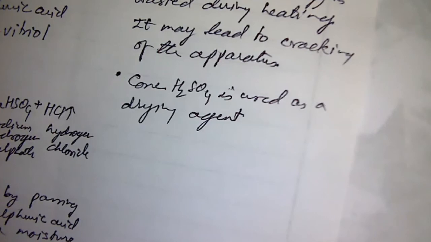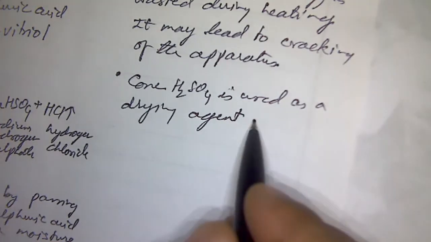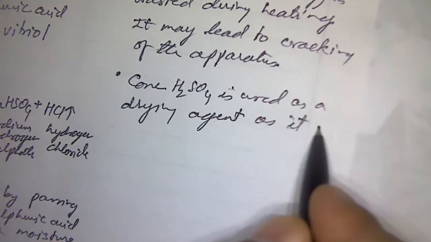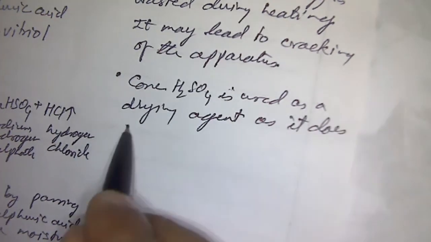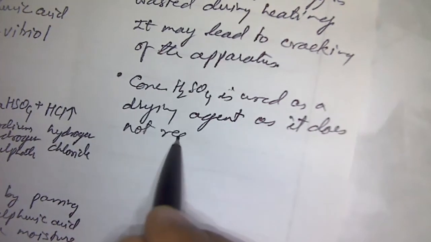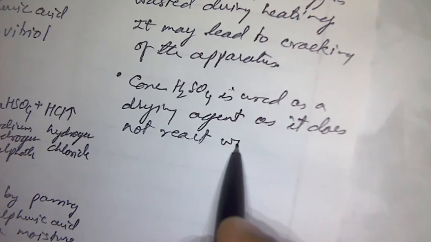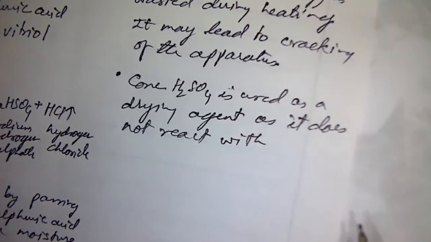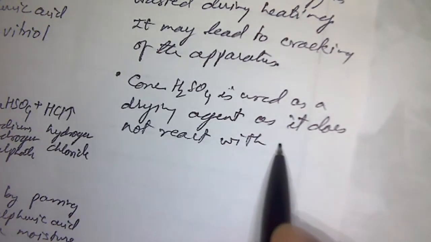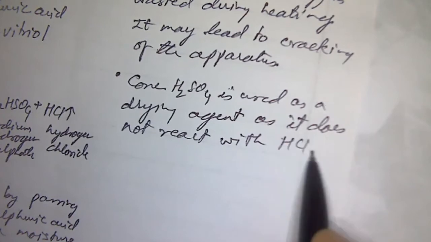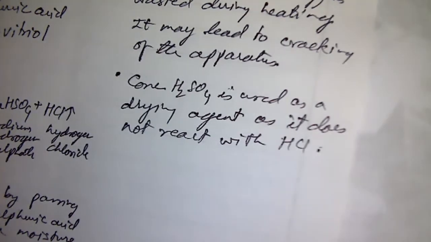We don't use other things. Clear? Concentrated sulfuric acid is used as the drying agent as it does not react with HCl gas. Clear? Both are acidic and therefore the reaction does not take place.